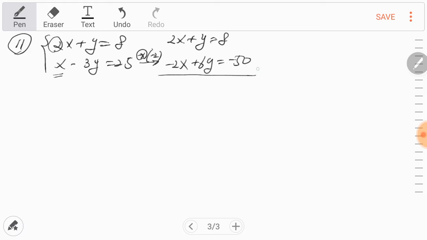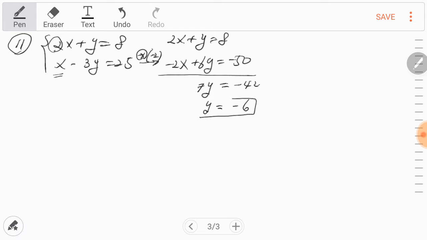Then add these two equations. Then x terms cancel out, and y term is 7y, -42. Then divide each side by 7, then -6. So the y value is -6.